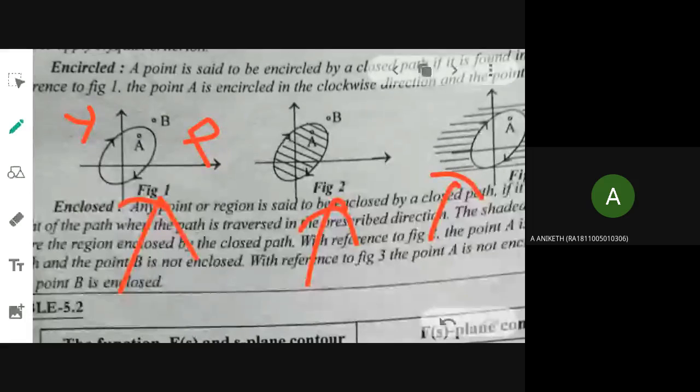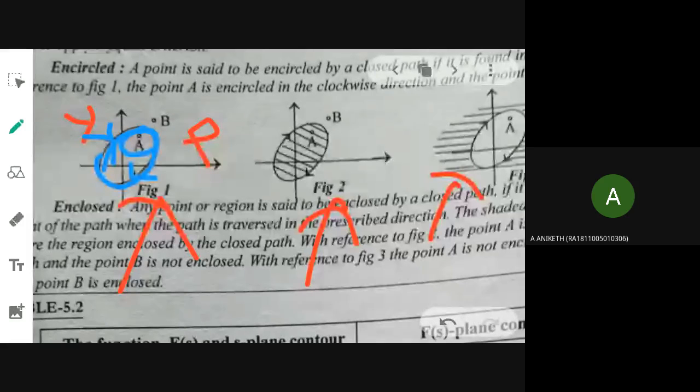Point A and point B. Which point will you say is encircled by that path, A or B? This is the circle or path that is encircling point A.